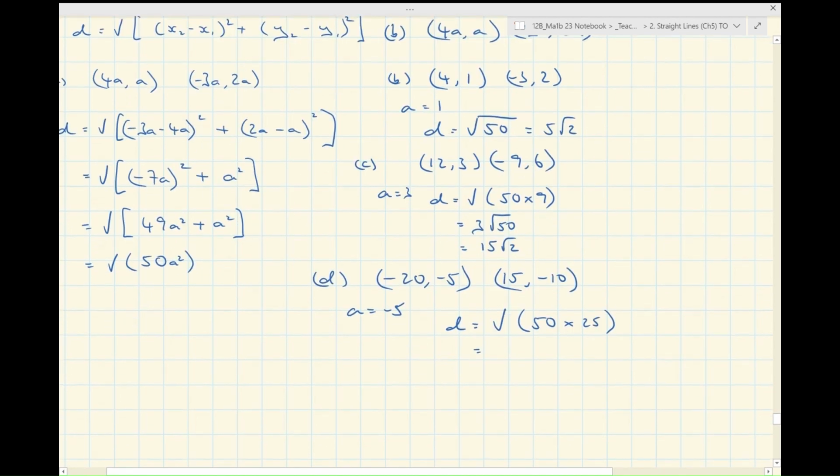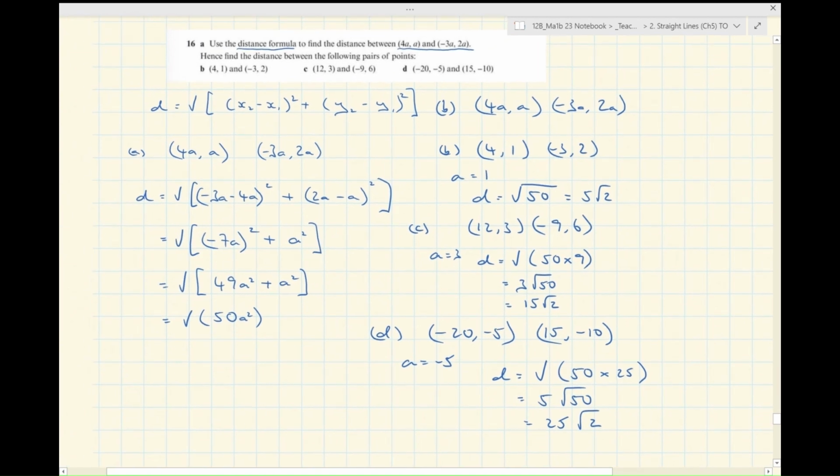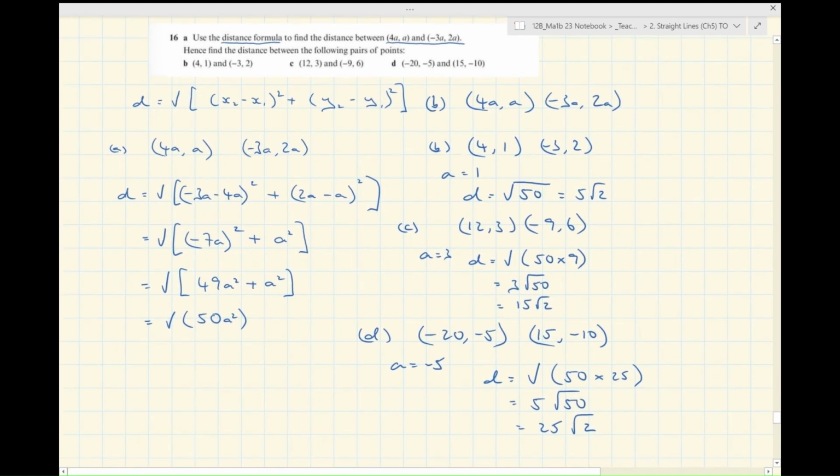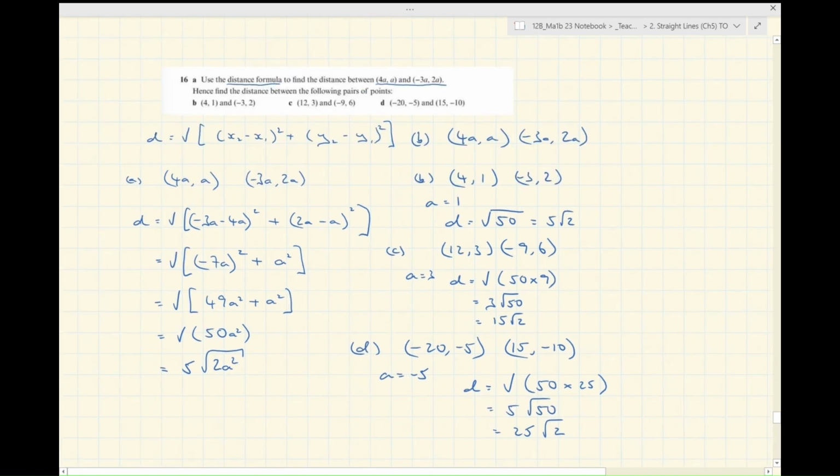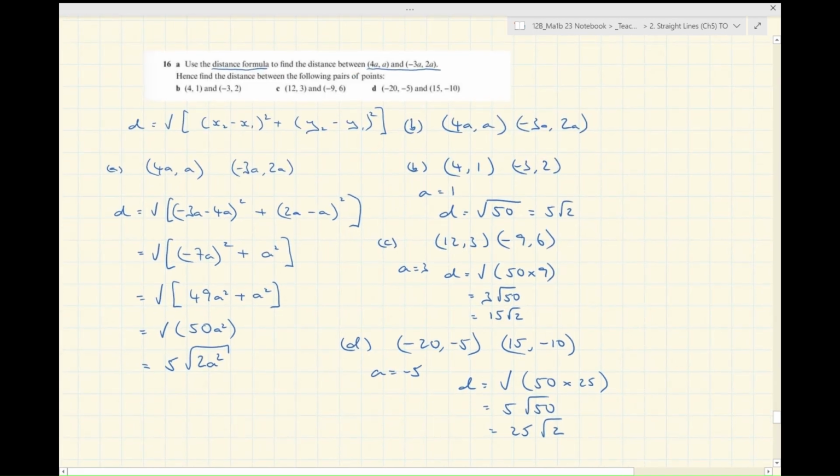Well, I can take out the 5 straight away. So that's just 5 root 50. I can take out another 5. So that's 25 root 2. So those are all my distances between the following points suitably simplified, and I'm kind of wishing I'd simplified the third in the first place. That's 5 root 2A squared. Okay, I think that's question 16 sorted out.